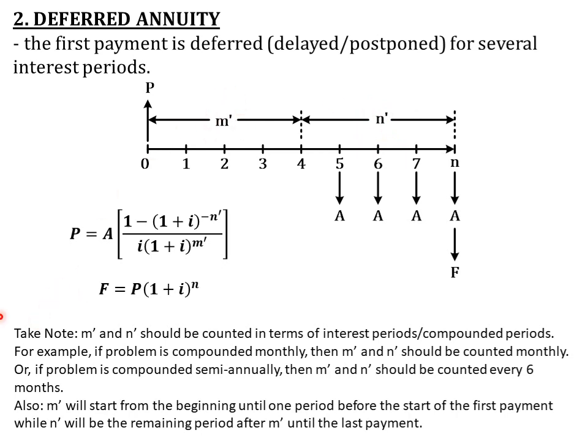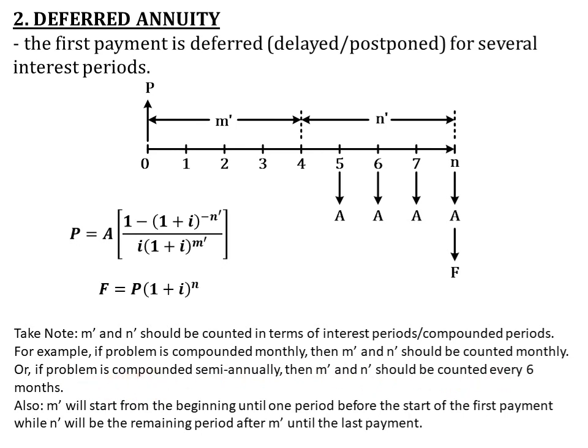Take note, m prime and n prime should be counted in terms of interest periods or compounded periods. For example, if the problem is compounded monthly, then m prime and n prime should be counted monthly. Or if the problem is compounded semi-annually, then m prime and n prime should be counted every 6 months.